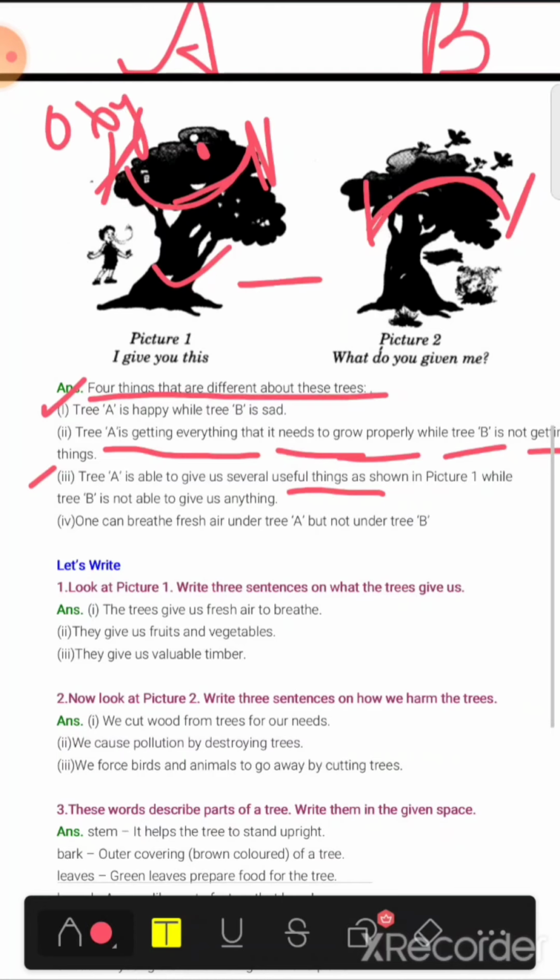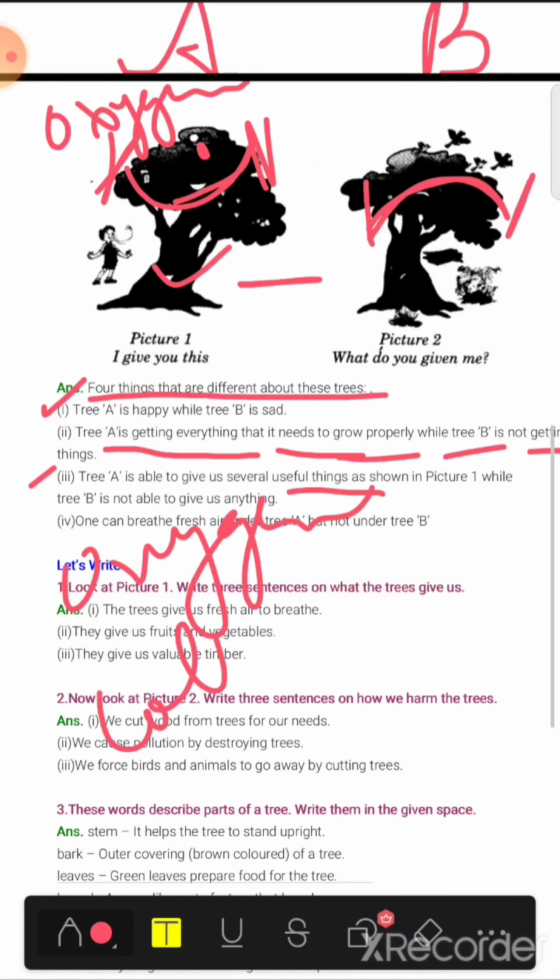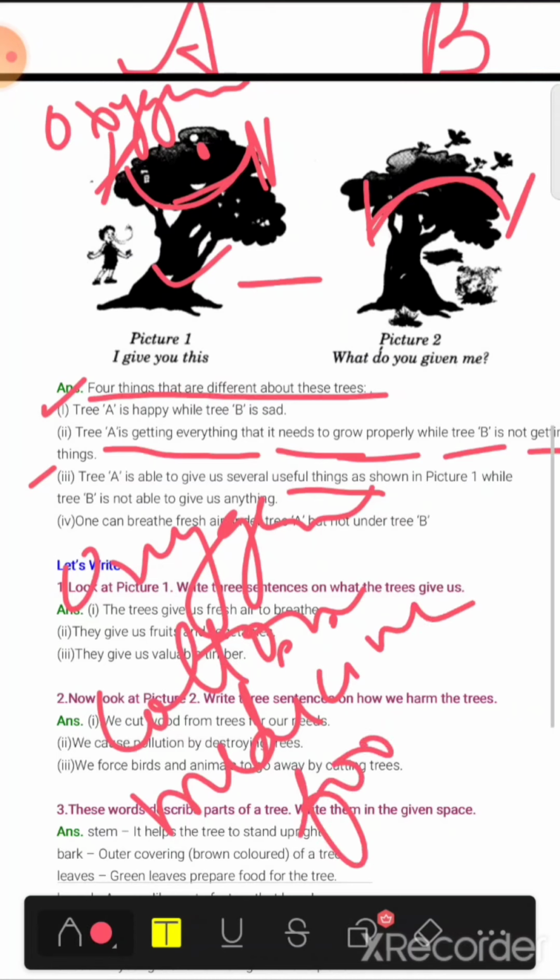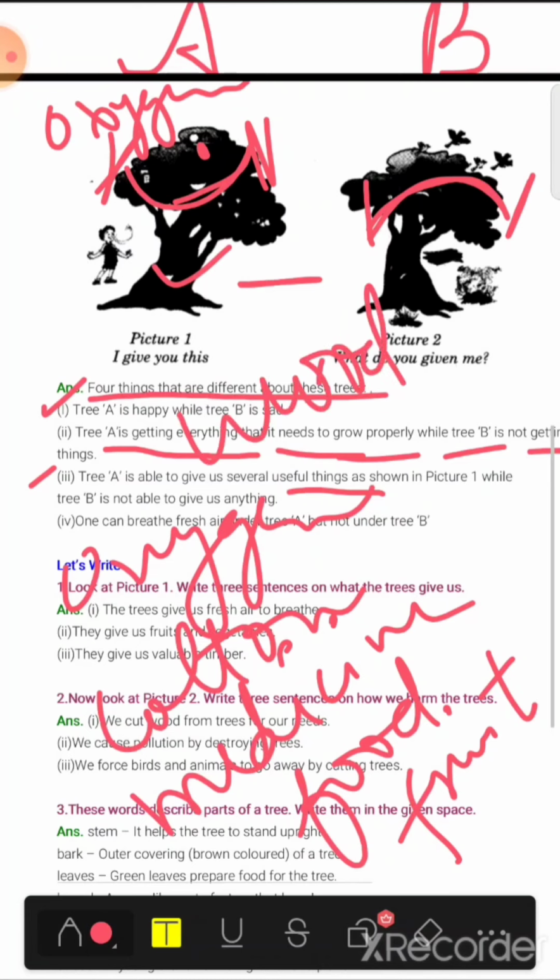Oxygen, cotton, medicine, food, fruit, cereals and wood, and so many things, and greenery to our environment.